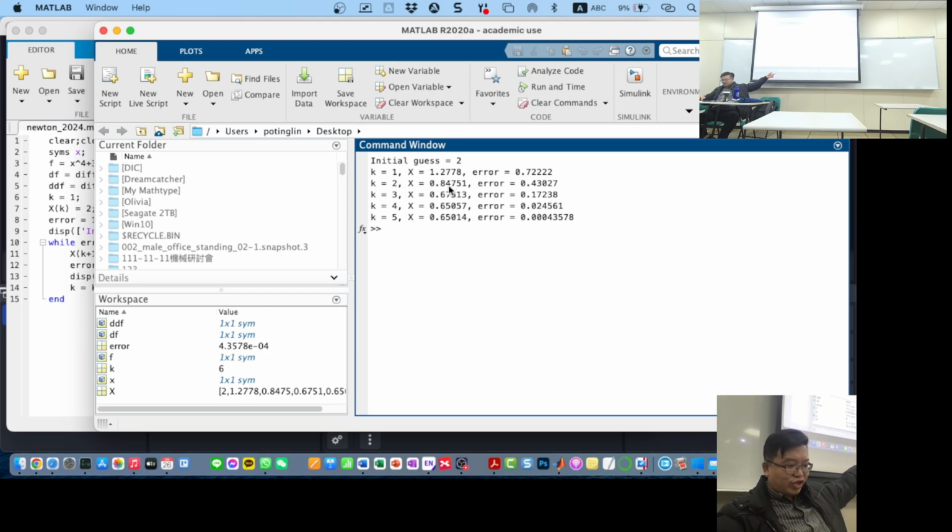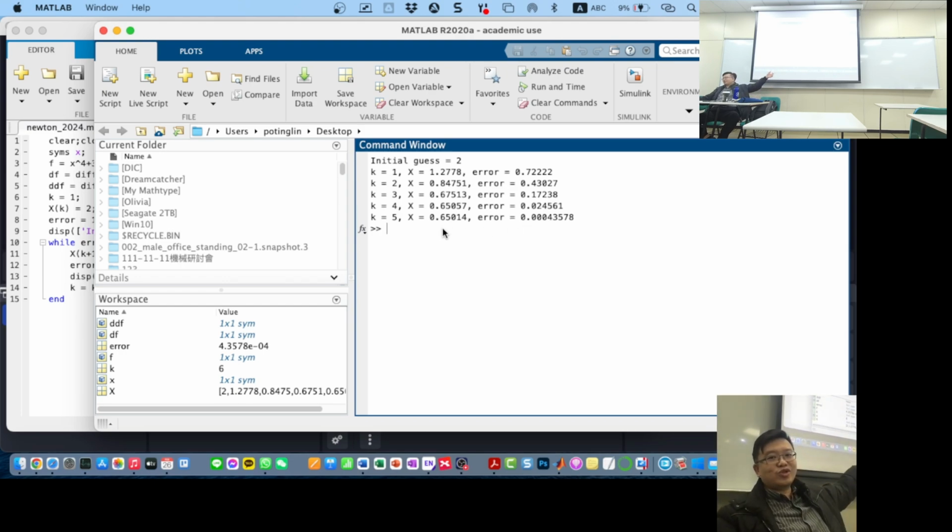Second iteration 0.85, and then error 0.43. And if you keep on doing it, it will stop at the 5th trial. And the error is as low as 4 times 10 to the power of -4. It's already smaller than 10 to the power of -3, so it stops.